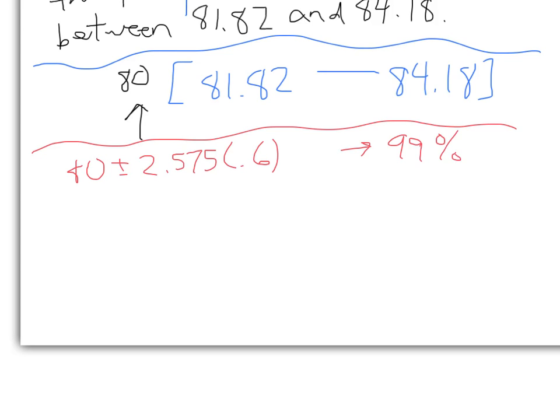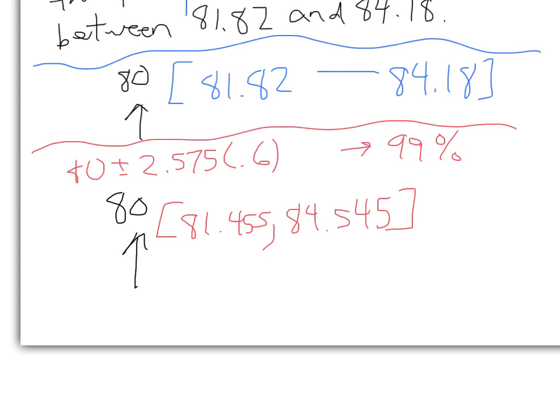I'm going to grab my calculator again and plug in 2.575 times 0.6 and end up with 84.545 here. And on the lower part, looks like my battery is dying on me, 81.455. Again, we should notice 80 falls outside of it, so we conclude that there is no evidence to suggest that the mean is 80.